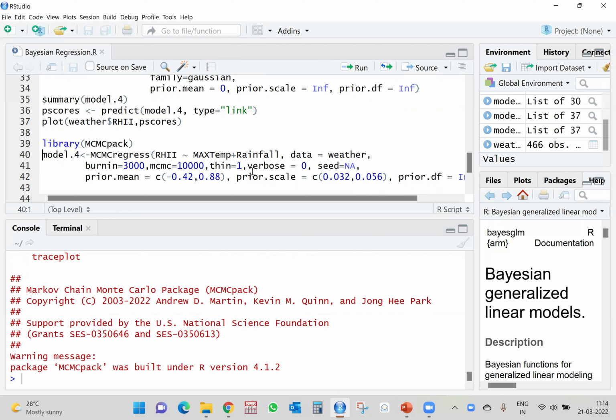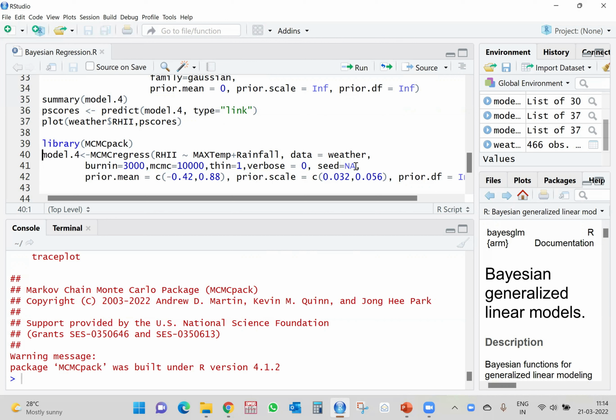One value in between will be removed. That is to avoid the correlation between successive values generated from the posterior distribution. Otherwise, there is going to be correlation. We could have a larger thinning interval, and both these are default parameters.